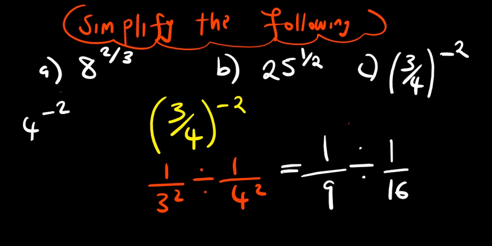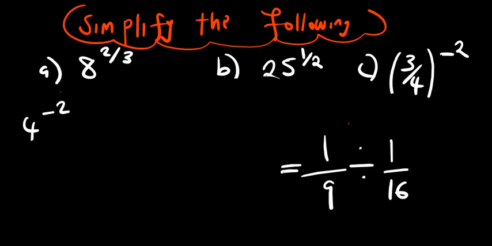Now that we've got that, what do we now do? We just solve what we have. Normal algebra: 1 over 9, then we're dividing. Whenever you're dividing, you change the symbol, so it becomes times, and this one goes on top, this one comes down.